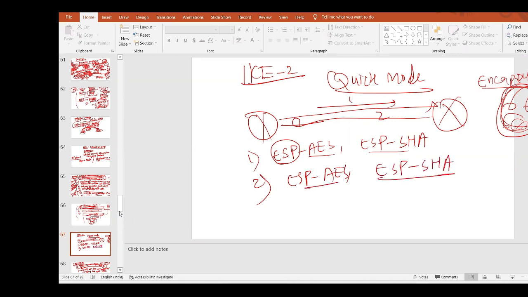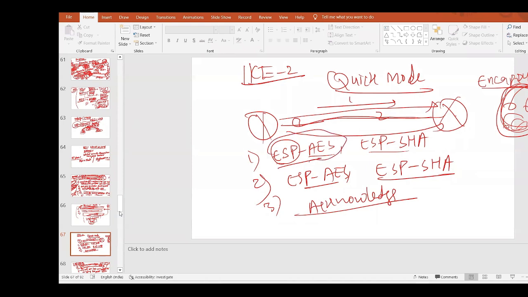So these two packets, packet 1 and packet 2, share the same information. The third packet is the acknowledgement packet from the initiator to the responder. Only these two things are the main part: which encryption method we are using for the encapsulation, and which hashing method we are going to use for the encapsulation.